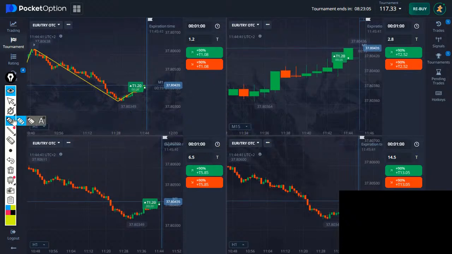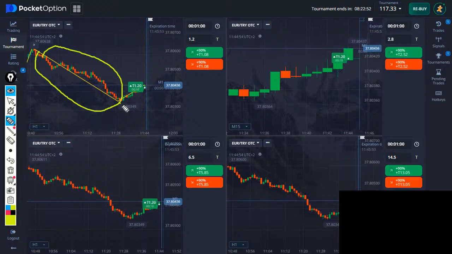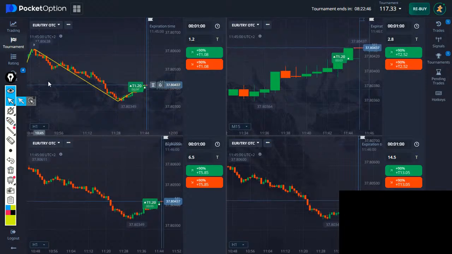However, this one seems to have a little bit of a technical analysis basis, you know. Naturally, whenever you see a huge drop like this, at some point it will not continue. It will go back up. This is why you put your zigzag indicator.